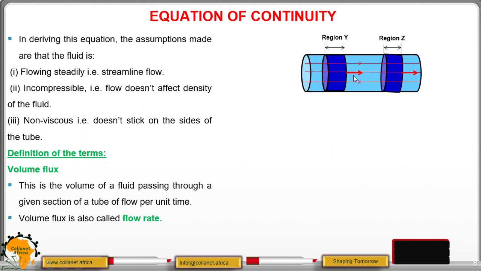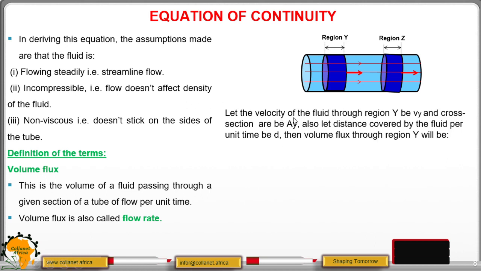So this is what we are saying, that the volume flux is the volume of the fluid passing through, let's say, this section of this tube at a particular time or per unit time. And in this lesson, we are going to say that per unit time is 1 second.